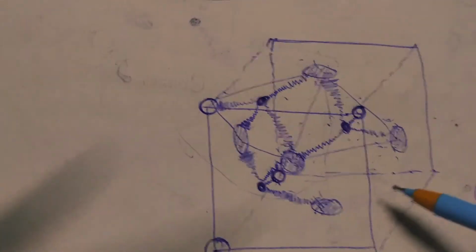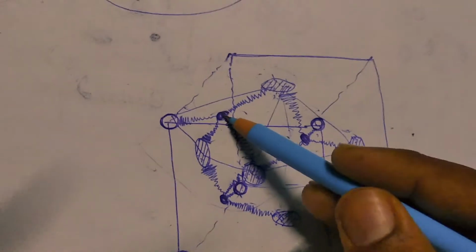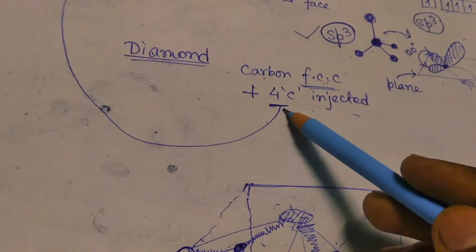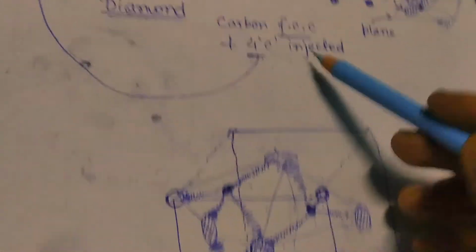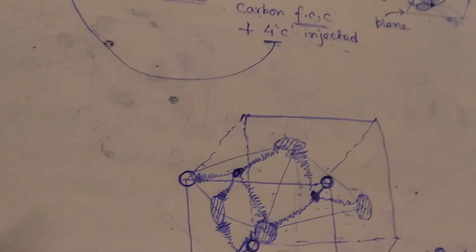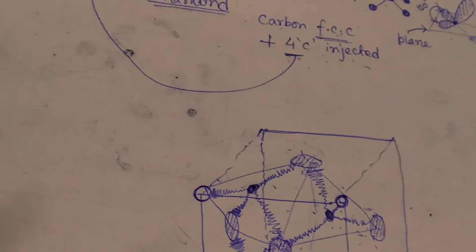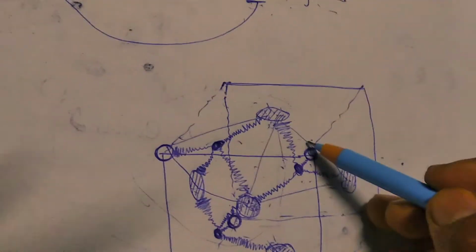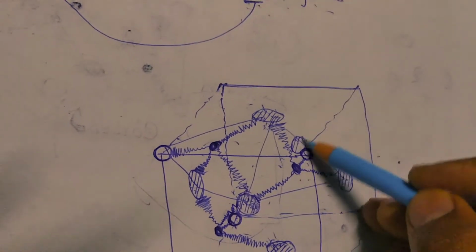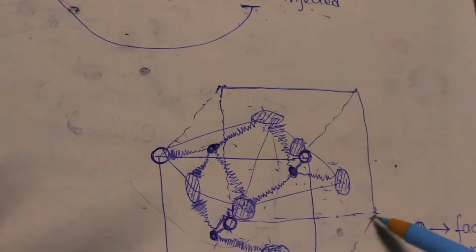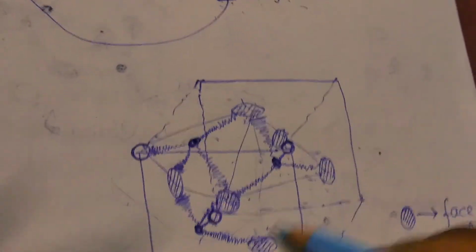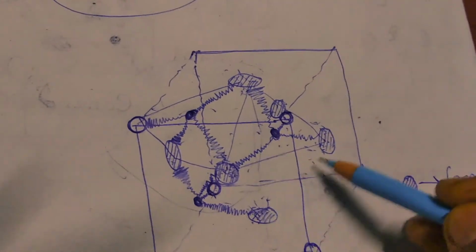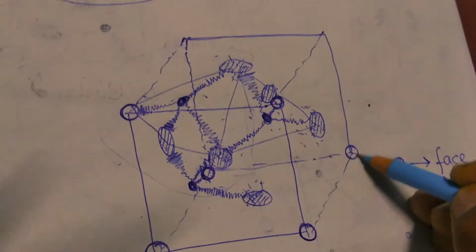Now this is also a structure. 1 is here, 1 is here, 1 is here. I have said that these 4 carbon atoms are injected, and 3 are getting injected. Another is for us, just like this. Here, the back side also has a face centered atom. So 1 is here, 1 is here, 1 is here, these 4 face centered along with this corner atom.